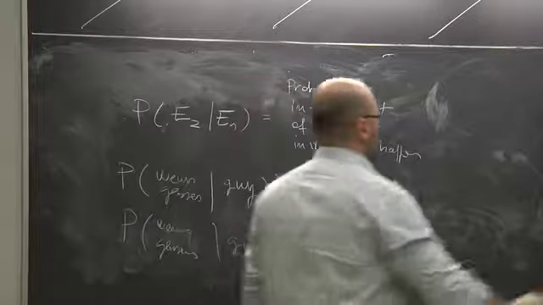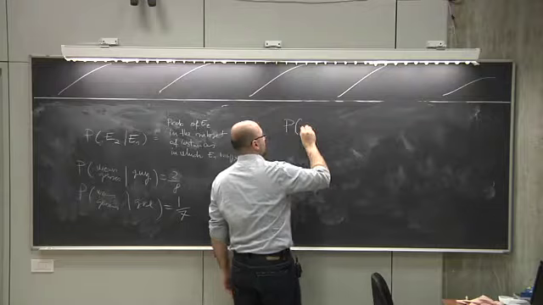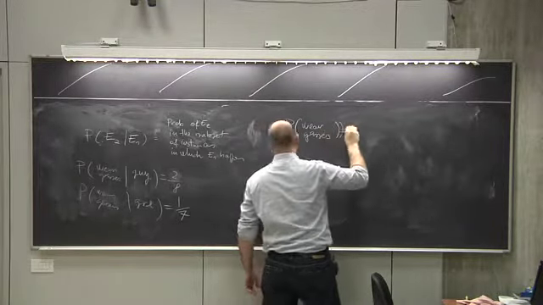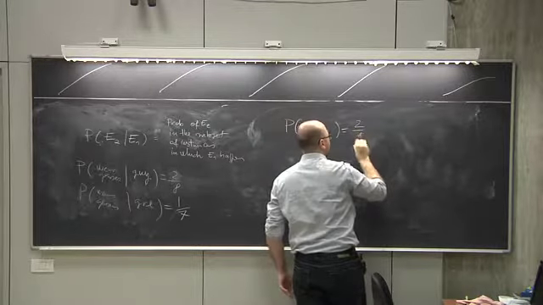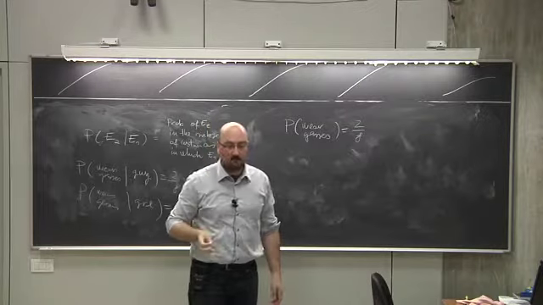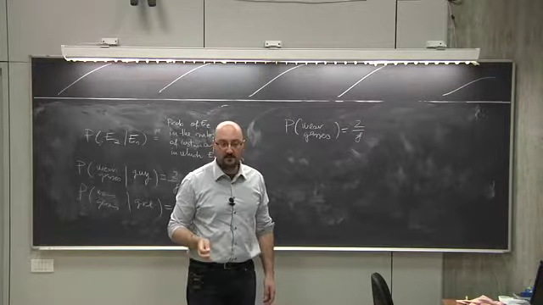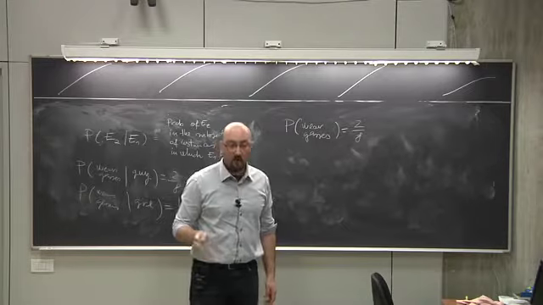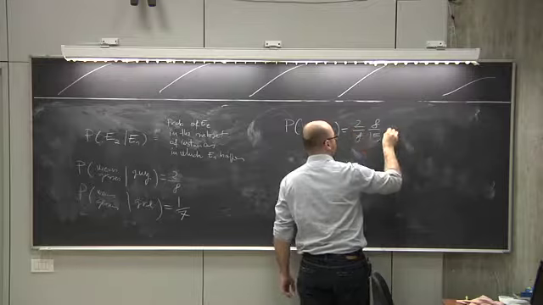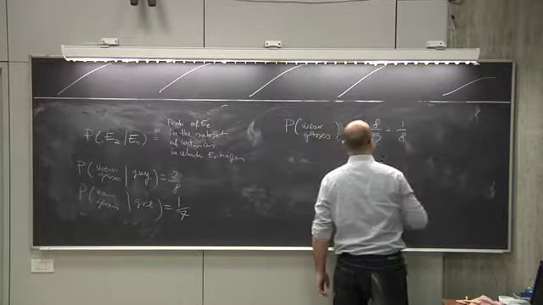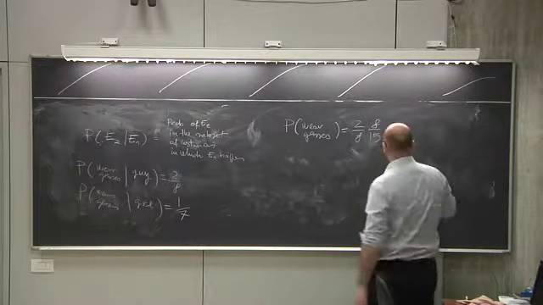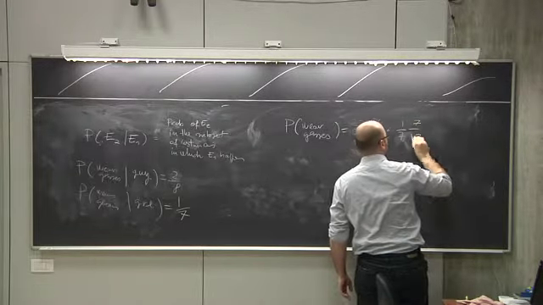So the probability to wear glasses is 2 over 8 times the probability that somebody randomly picked from the class is a guy, which is 8 over 15, plus 1/7 times 7 over 15.